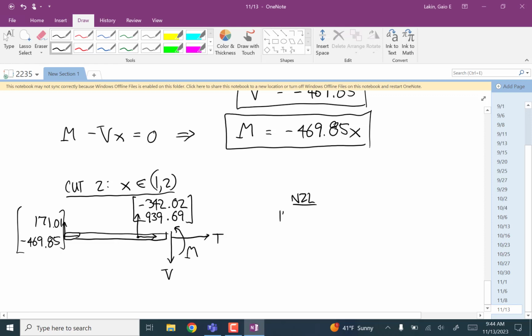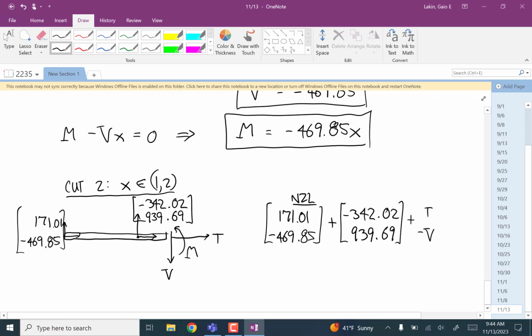So Newton's second law says 171.01, negative 469.85, plus negative 342.02, 939.69, plus T, negative V, is zero.